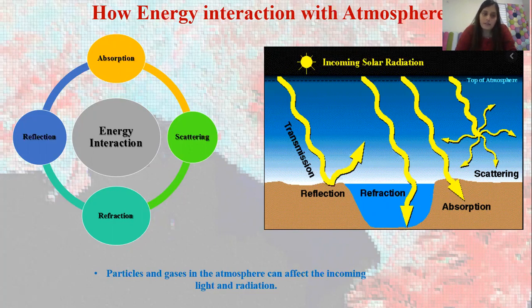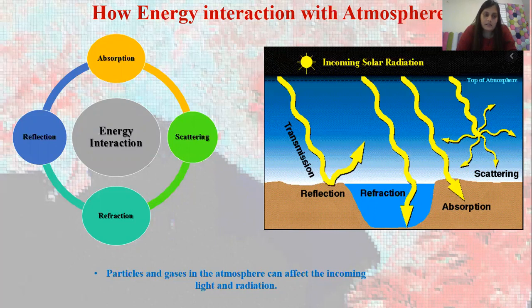The rays are coming from the sensor, and the rays are going back to the sensor. If it is passive, the sun will provide the energy to gain the information, but ultimately it has to be stored in the sensor. So from the target to the atmosphere, and again from the atmosphere to the sensor. So the atmosphere has so much importance, and that is why we have to make our sensors and radiation in such a way that the atmosphere does not affect the radiation much and important information can be gathered.